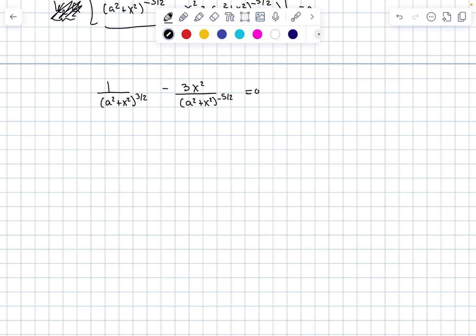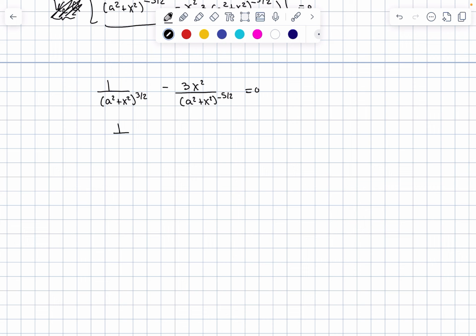Now I just rearrange things again, and I'm just going to move one of them to the other side. I'm going to say, okay, this is going to be equal to this one. Now again, I keep rearranging things. I have (a squared plus x squared) to the power of 5/2 divided by (a squared plus x squared) to the power of 3/2 is equal to 3x squared.